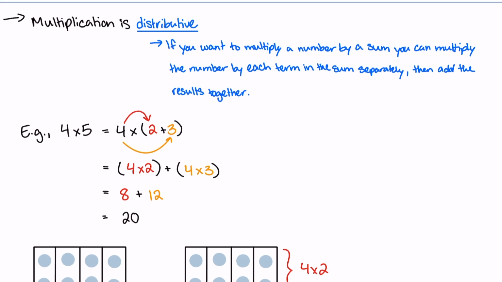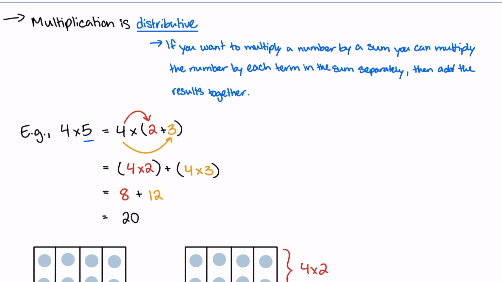And the last property of multiplication that I'd like to touch upon is that multiplication is distributive. That means if you want to multiply a number by a sum, you can multiply the number by each term in the sum separately and then add the results together. In this example, we have 4 times 5. So I'm going to break down this 5 into 2 plus 3, and that's what I've shown here.